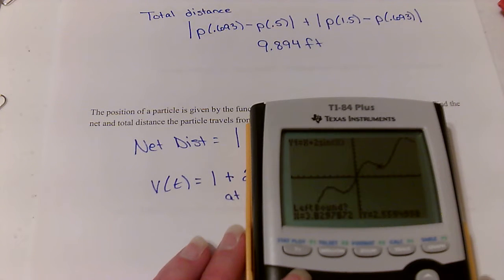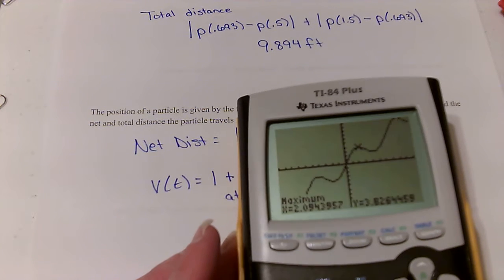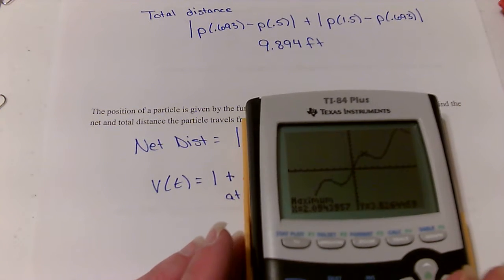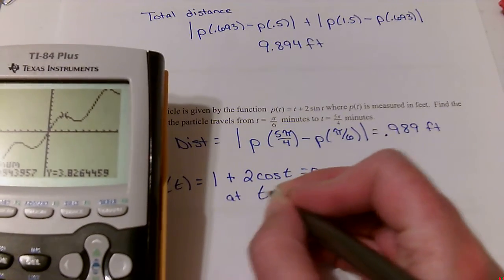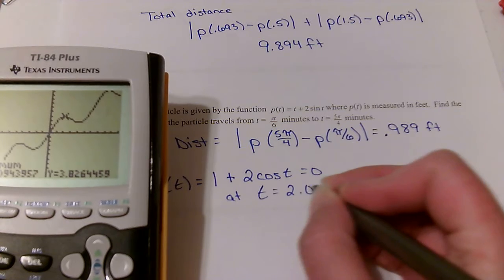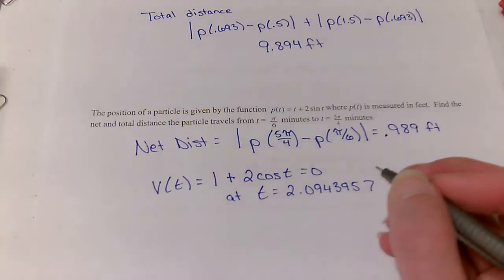So I'm going to go maximum, get a little bit to the left, go to the right, and it tells me it's changing directions at 2.094. Actually, I'll write the whole thing. At time equal 2.0943957.